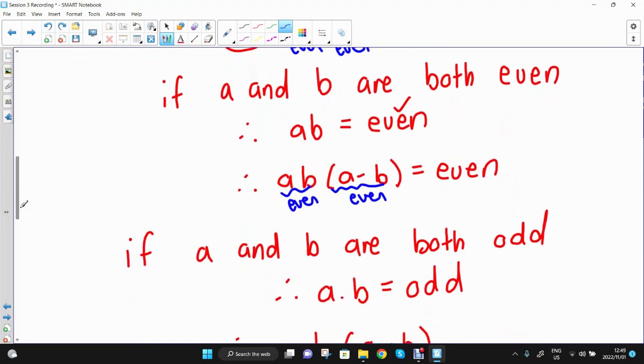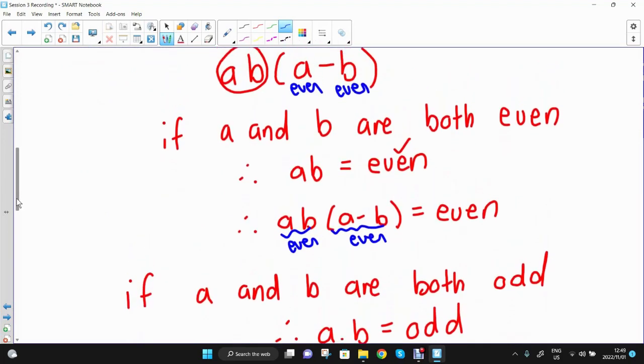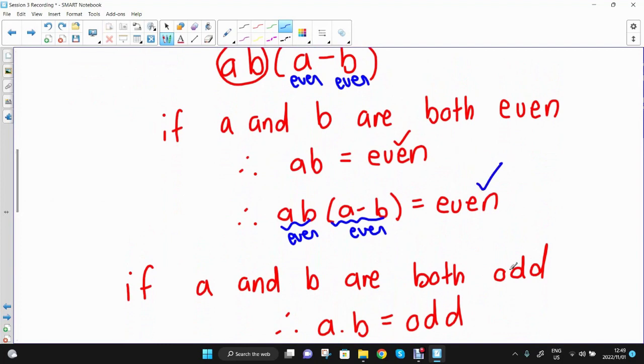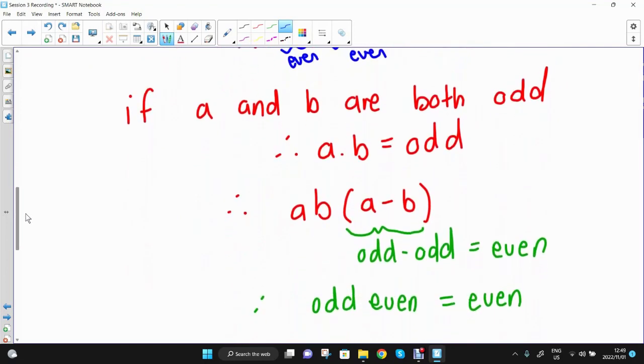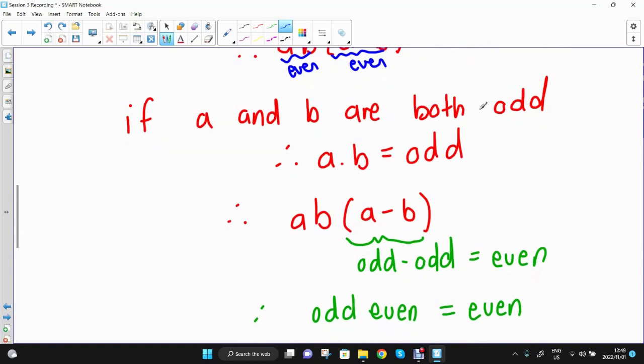So that's the first scenario. So in the first scenario, we get an even. So that's great. We just need to get even everywhere, and then we've proven what they are asking for at the top. Then if A and B are both odd, so let's check that scenario.